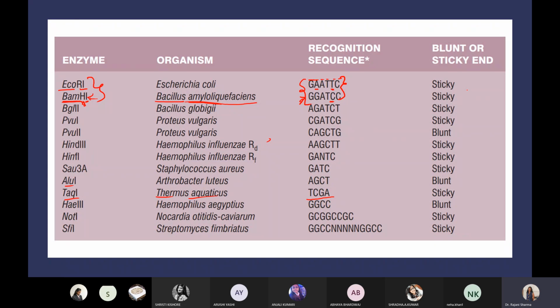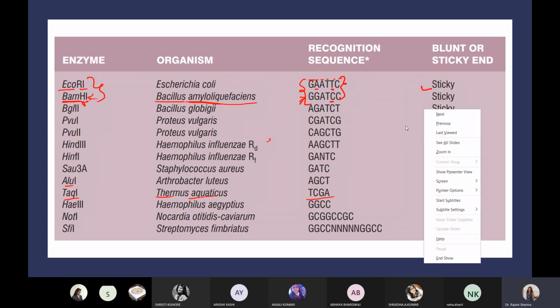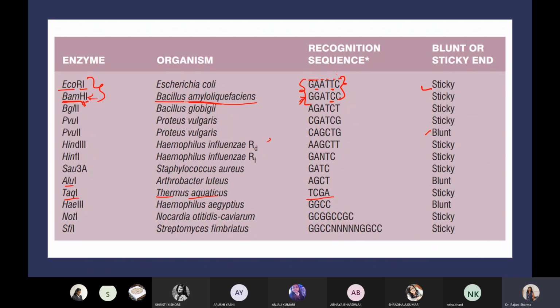Now in the last section, it is presented which enzyme will produce the sticky end and which enzyme will produce the blunt end. Though only one sequence is presented here, basically it is represented like this: GAATTC. What will be its complementary strand?